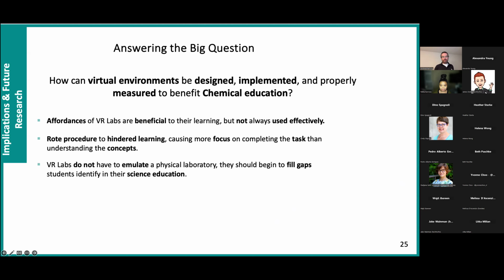And then third, VR labs do not have to emulate a physical laboratory. They should be able to fill the gaps students identify in their science education. Virtual labs do not necessarily have to be a direct replica of what's happening in their undergraduate chemistry class.